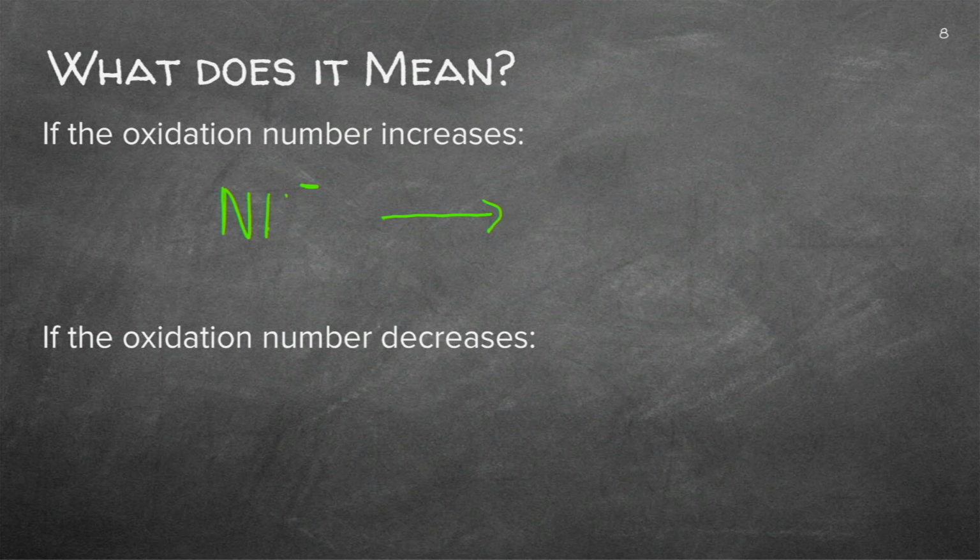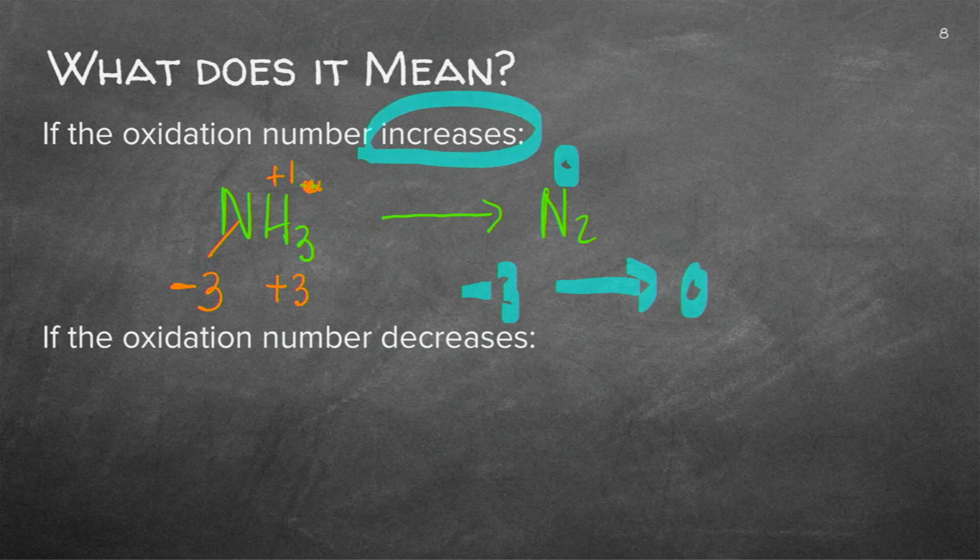We are going to say NH3 will become N2. Quickly give me the numbers: +1, +3. Therefore, the nitrogen will be -3. Do you see what the number is when it's N2? Well, it's 0. So it's going from -3 to 0. So it is increasing. Now, when that happens, the process is oxidation. The reaction is oxidation.